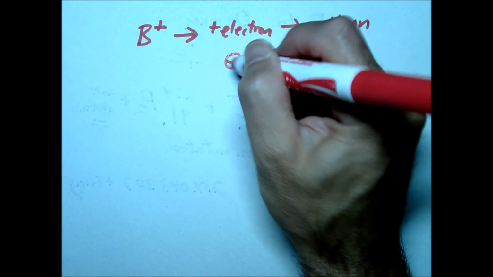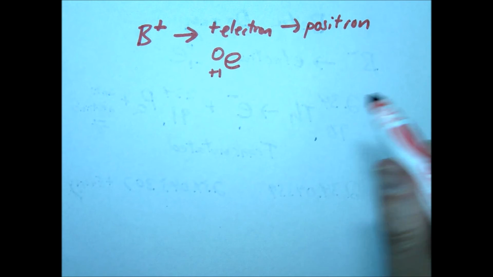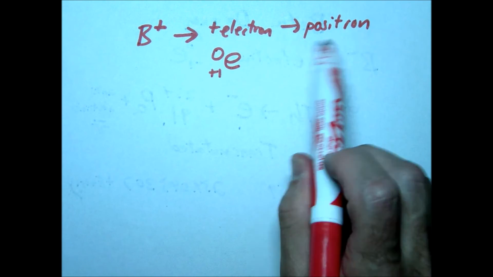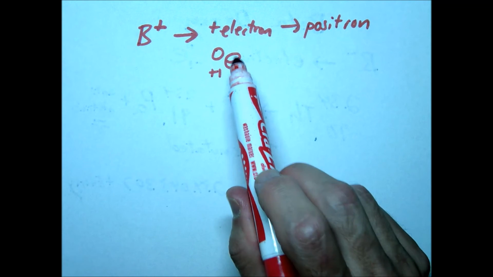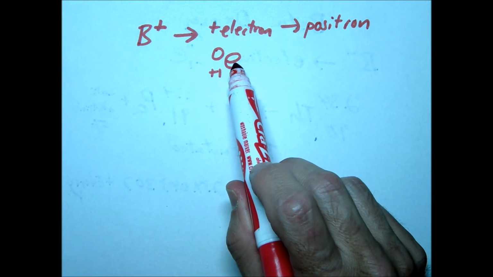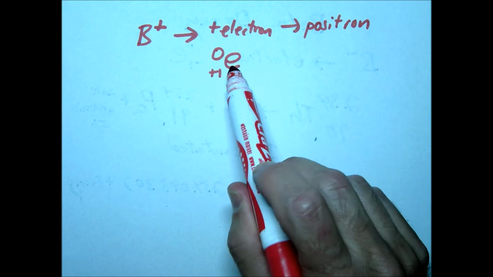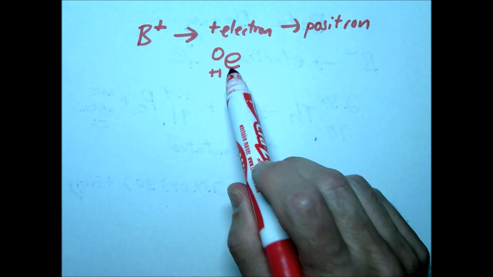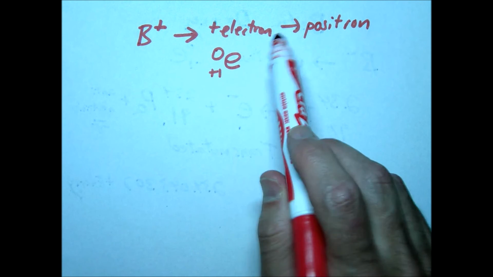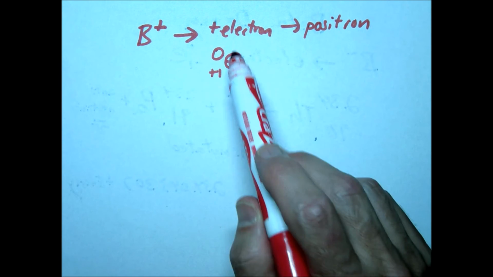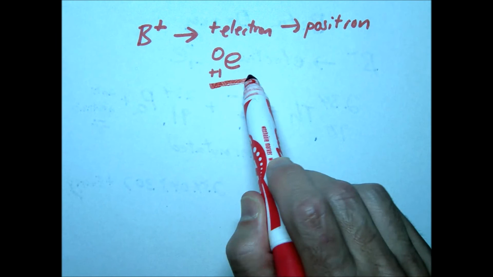Okay, so we'd write this as e, plus 1, 0. And what a positive electron is, it has the same mass as an electron, but it has a positive charge. So an electron normally has a negative charge, a positron has a positive charge, but the same mass as an electron. So not a proton. Protons would be much bigger, but a positron.